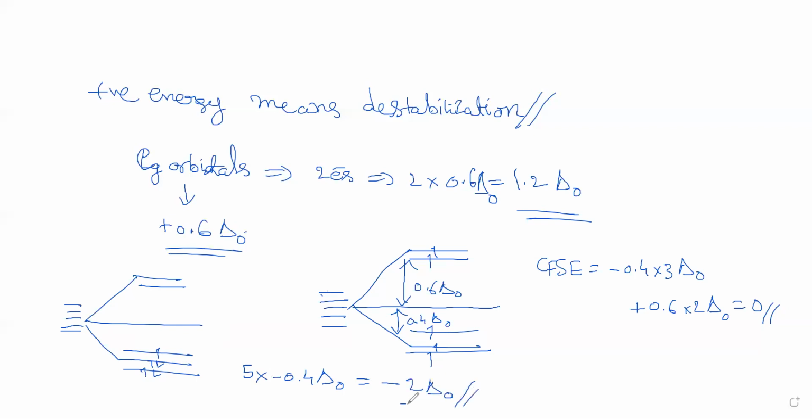I hope you got the idea. So the system is stabilized by minus 2 delta naught. You can never get filling in the higher level with the lower level left empty. First the lower level is filled, followed by the higher level, like electron configuration. It's a similar situation.